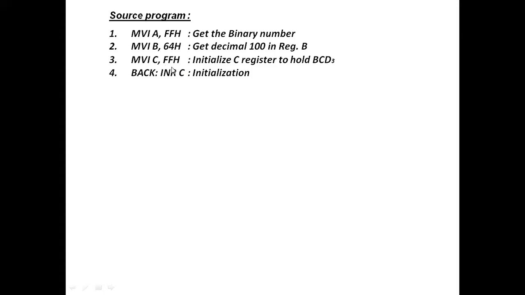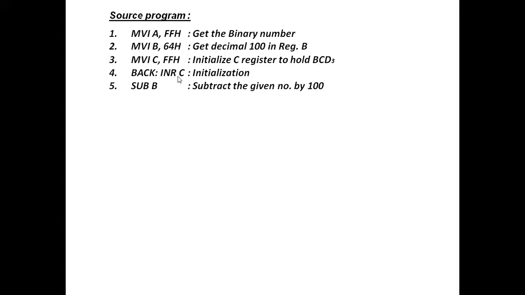So the resultant will be 0, and the C register will contain 0, 0. That is why it is called the initialization process. Now, once we initialize the C register, which will be holding the BCD3 value.